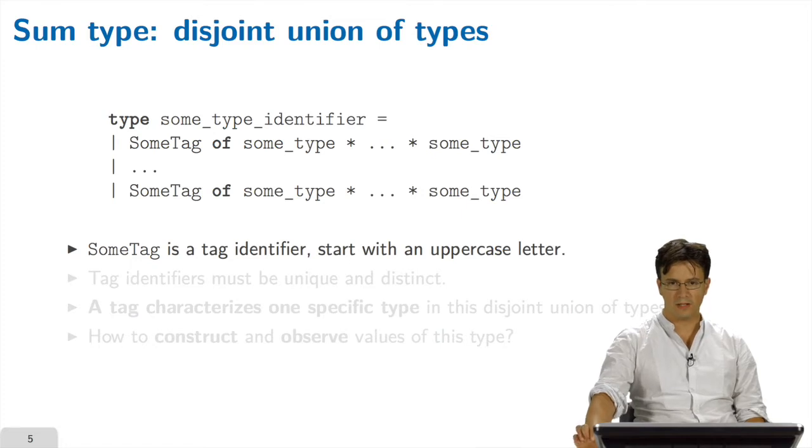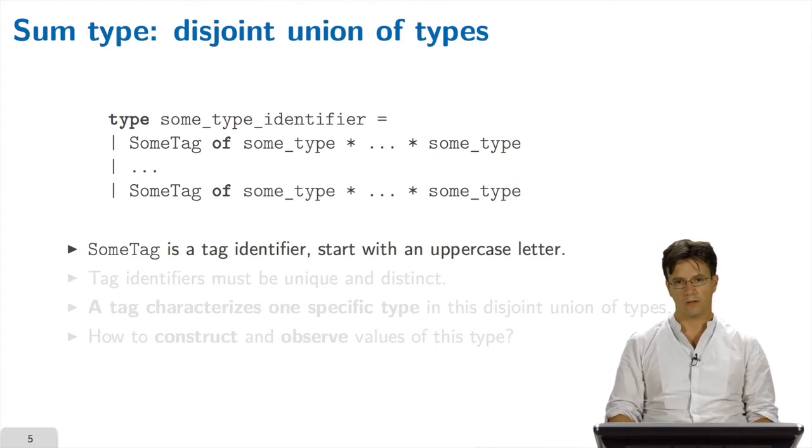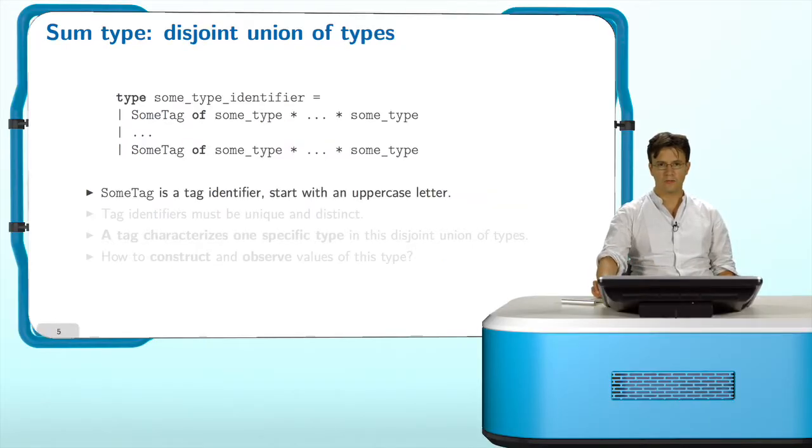So what we have here is called a sum type. It is a disjoint union of types. It's a way to take several types and to join them into one unique type. But then you want to understand where the different values of this type are coming from. And to do that, you use tags.